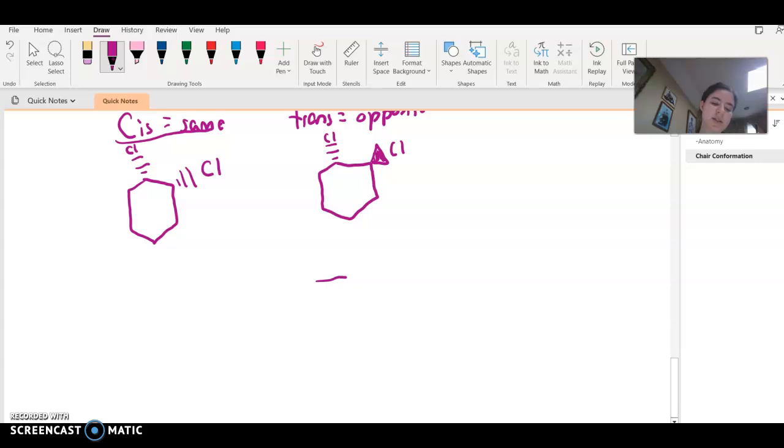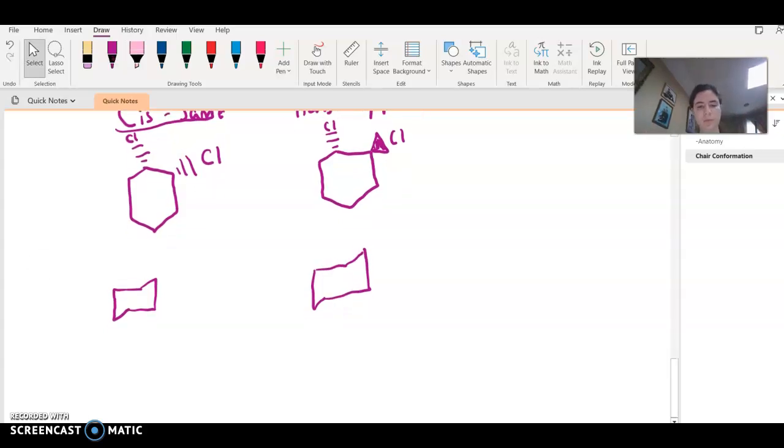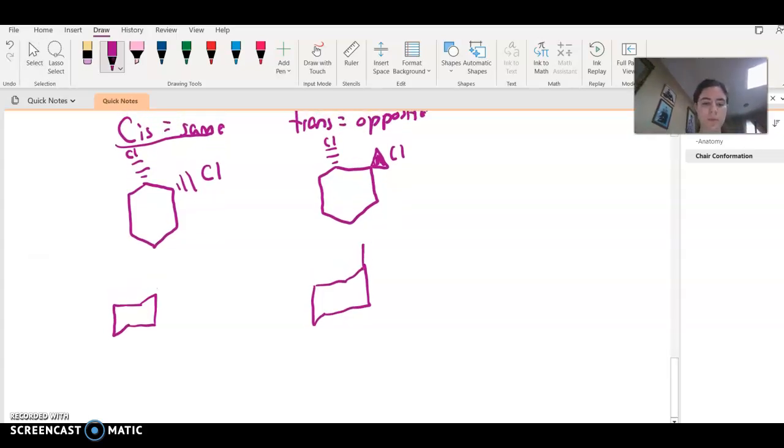So our process is draw the chair. Down, up, down, up, down, down.